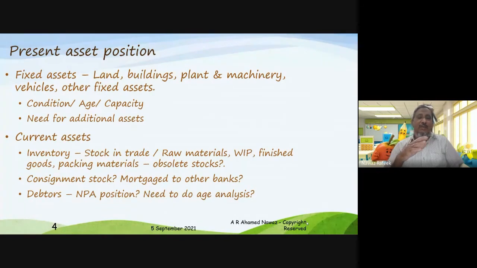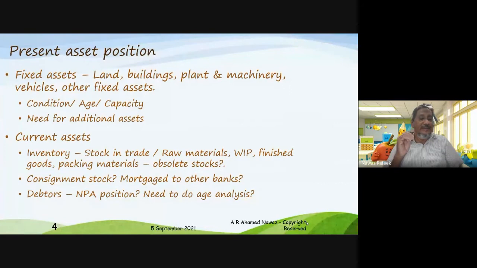If the customer can manage with the present machinery and fixed assets, well and good, that's the ideal situation: expansion within that asset base without expanding assets. Sometimes you may find a need for additional assets. So take note that facility has to be included in that cost.